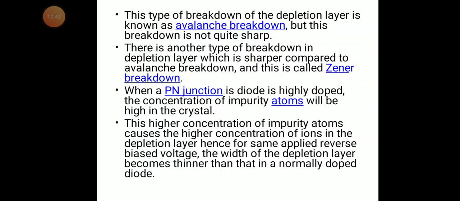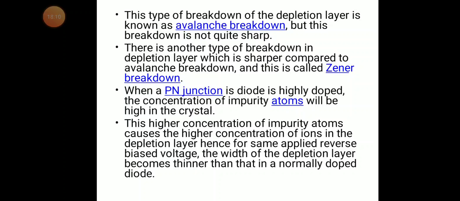Another type of breakdown is also there. There is another type of breakdown in the depletion layer which is sharper compared to the avalanche breakdown. What do we need? We need the sharper breakdown. In the avalanche breakdown, it takes some slope to get the higher conductivity, but we need sharper conductivity.